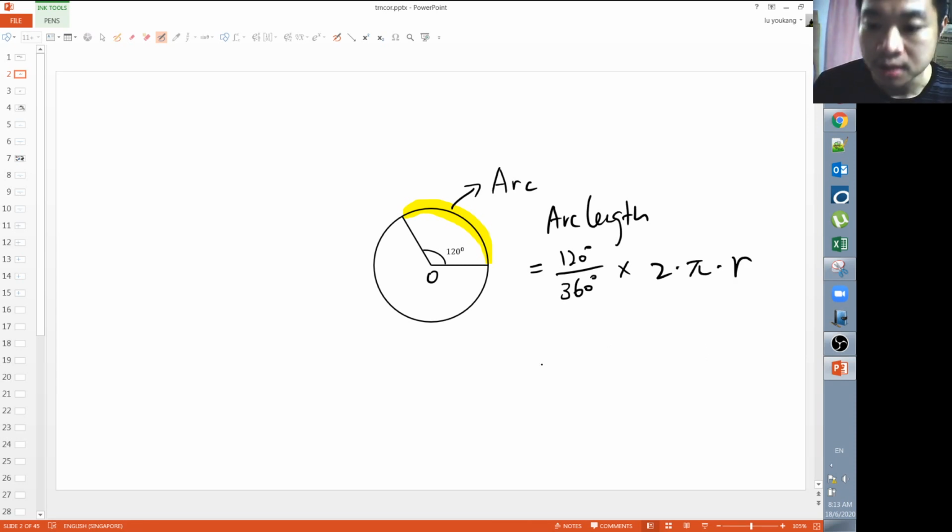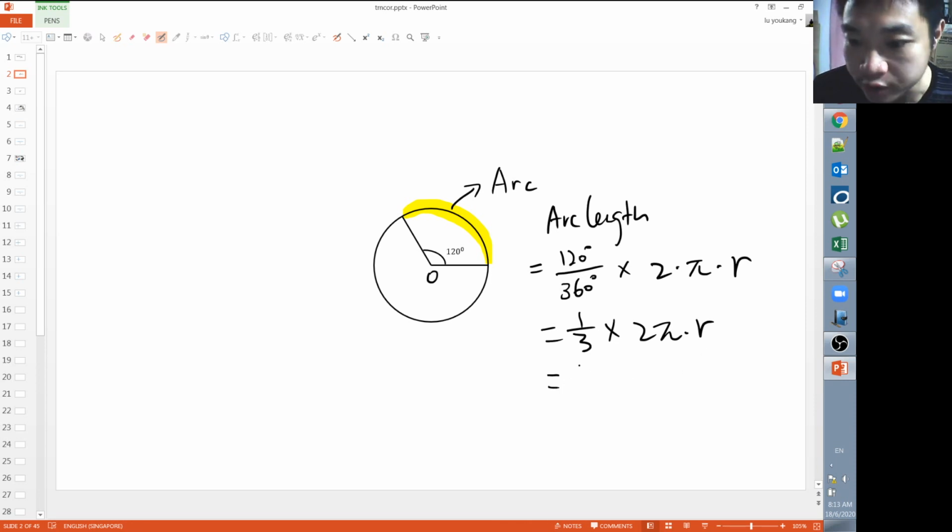Alright, so if you simplify it a little bit, you get 1/3 times 2 pi r. And if you simplify it further, you get 2/3 pi r. So this is your arc length in terms of pi and r.